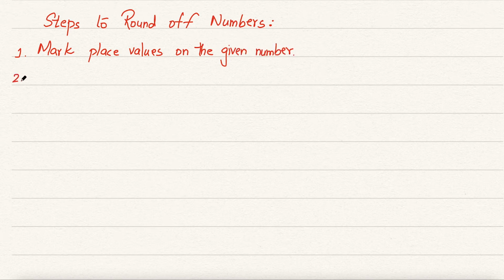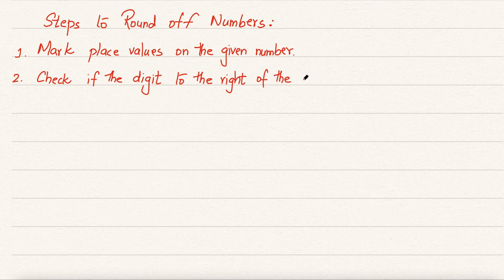The second step is that you will check if the digit to the right of the given place value is less than 5, equal to 5, or greater than 5.